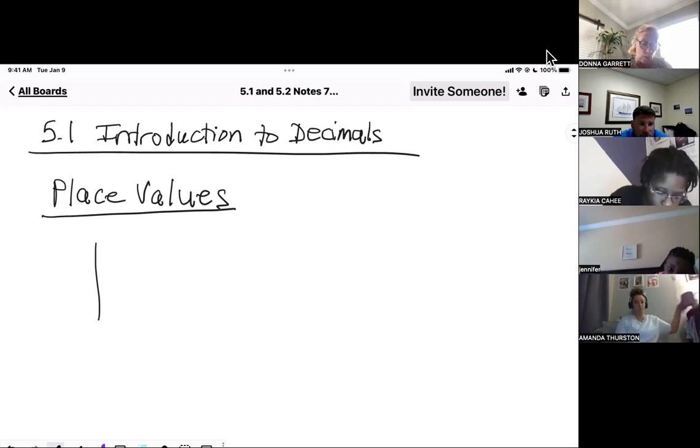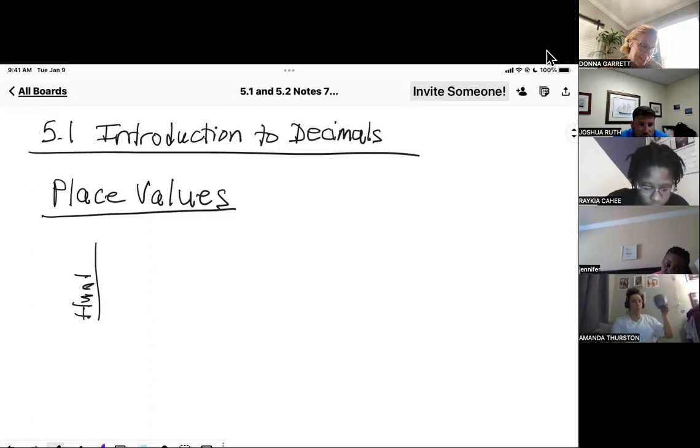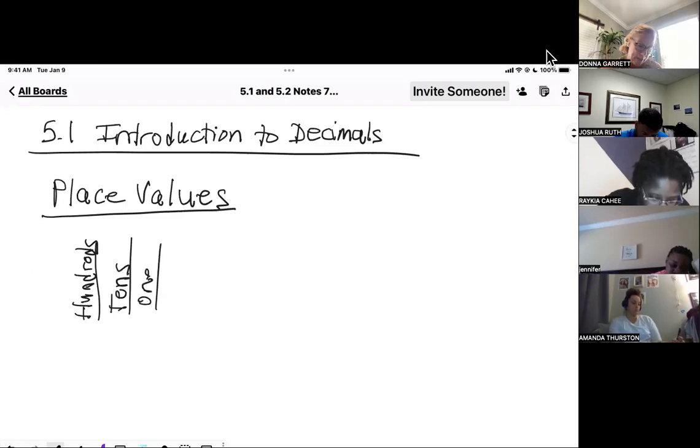I'm not going to put them all, but we know we have hundreds, we have tens, and we have the ones places, right? All right, now what's after the ones place is the decimal place. When we talk about a number with a decimal, we always say and.